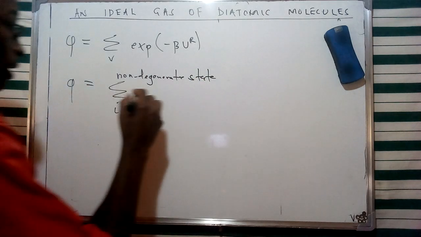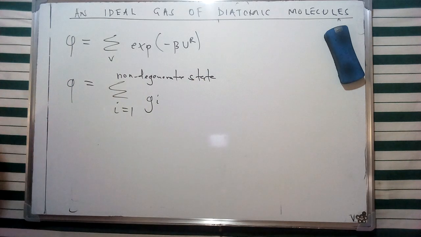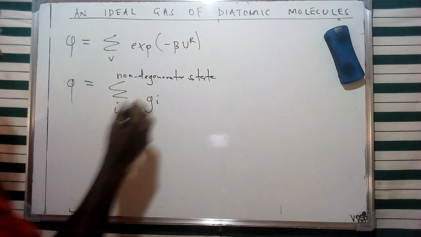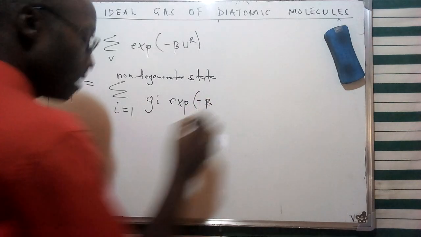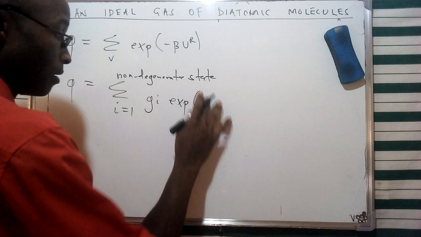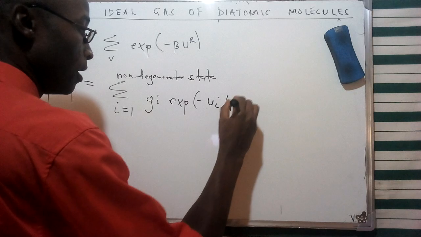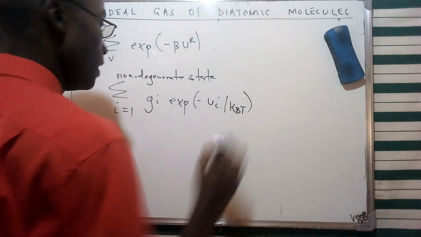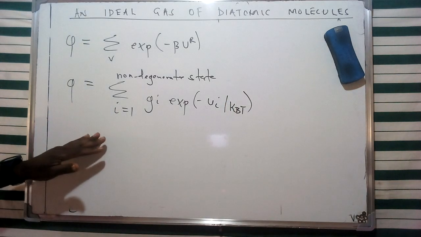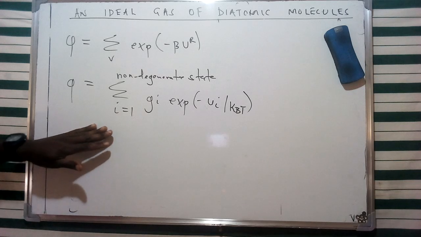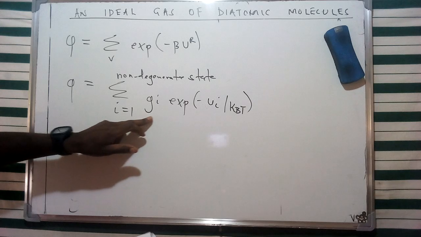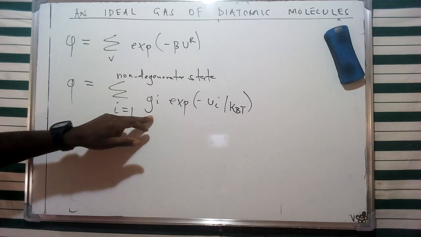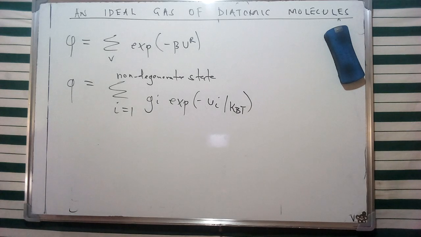In this case we have this range of degeneracy level from g_i, and then the exponent of negative epsilon_i over k_B T. So this is a general representation of the sum over the unique energies multiplied by the degeneracy, given in terms of g_i.